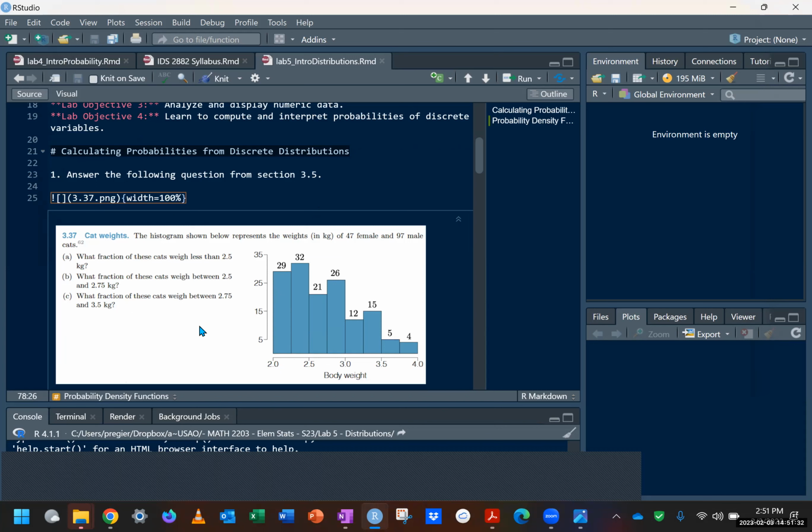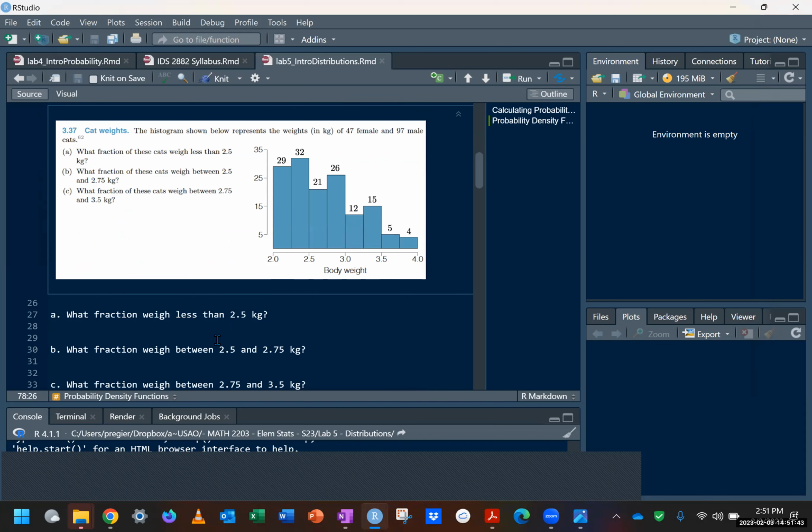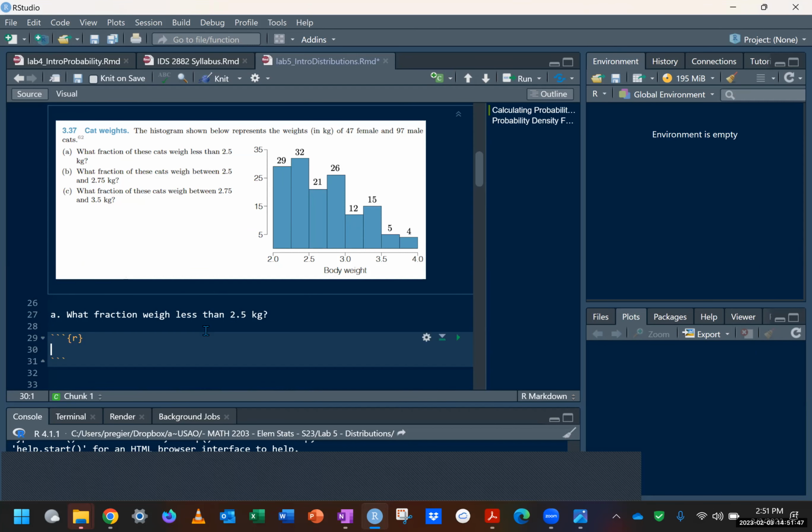If we want to know what fraction of cats weigh less than 2.5, that would include these two categories. To answer question A, I could use Control Alt Insert to get my little calculator. I would say 29 plus 32 are the cats that are less than 2.5 pounds, and I've got to divide by the total.